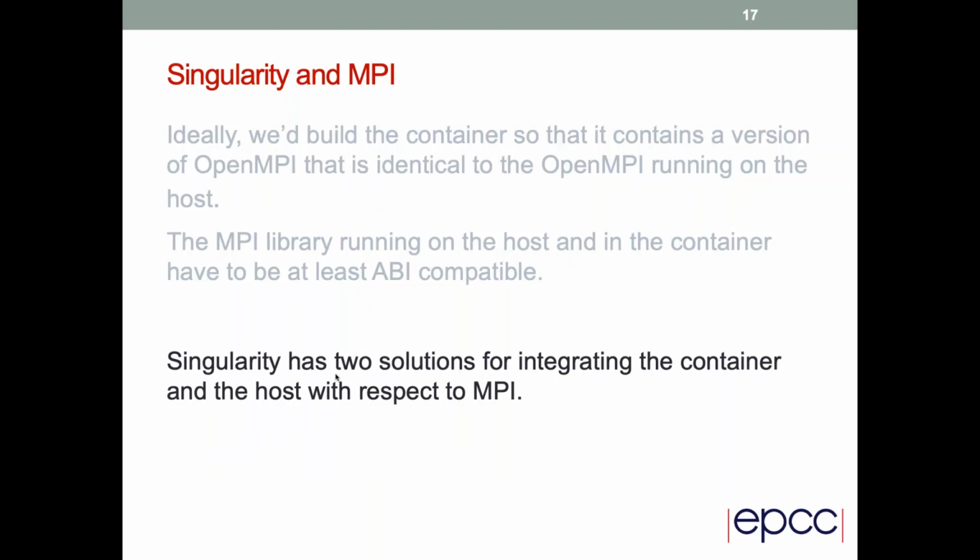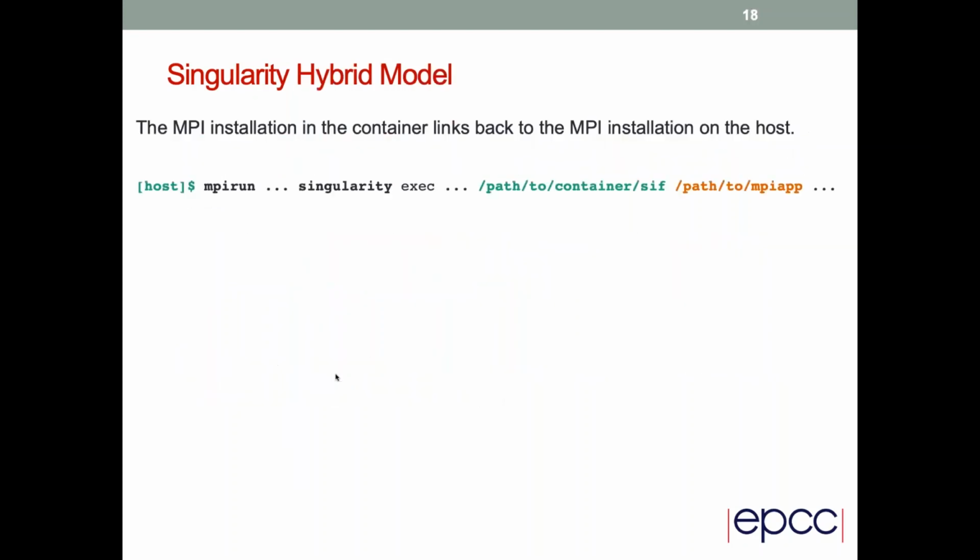There are two solutions actually for integrating the container and the host with respect to MPI, and I'll cover them both. The first one is called the hybrid model. What I'm showing you here is just the simple command that you would use to launch a containerized parallel application.